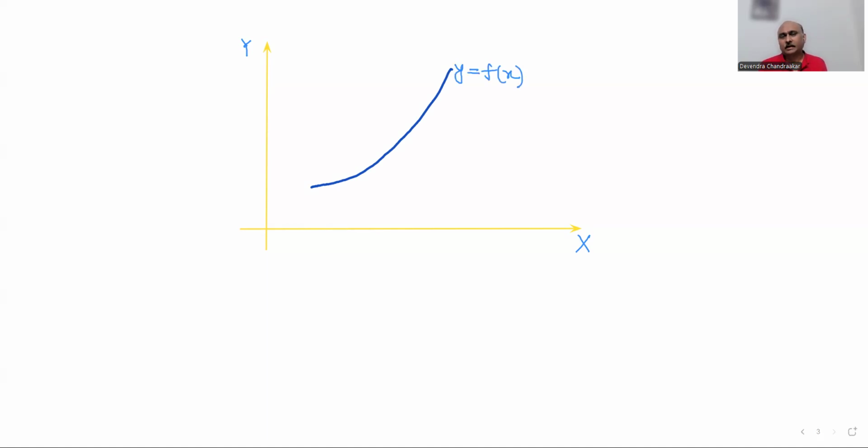Now pay attention. Don't write it. Just pay attention. Now, I take two different points on this curve, right? This is point P, this is point Q. And the coordinates of these two points we are aware of, right?